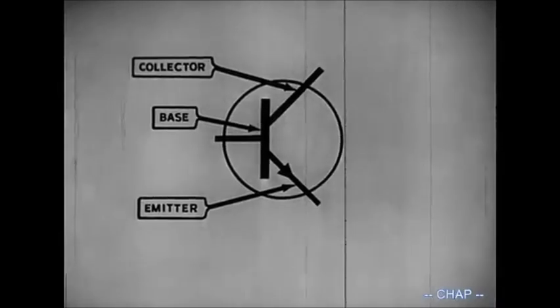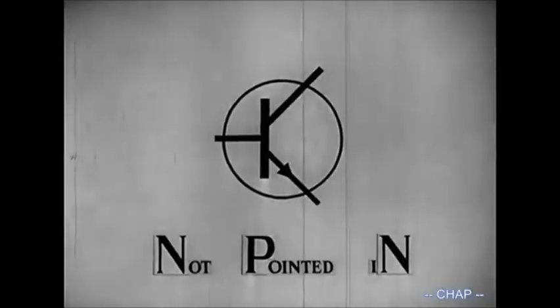Only one of the 3 elements is connected directly to the other 2, that is, the base. The emitter is identified by the small arrow. Note that the arrow on the emitter is pointed away from the base. This symbol represents an NPN transistor. The NPN symbol can be identified by remembering that the arrow is not pointed in.